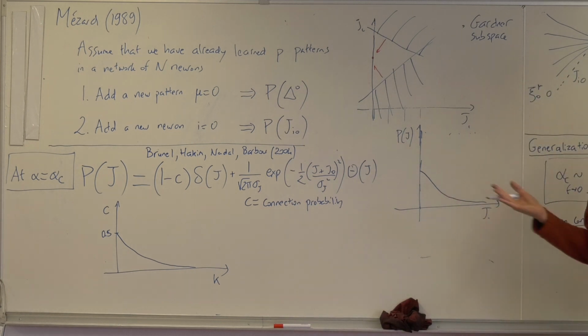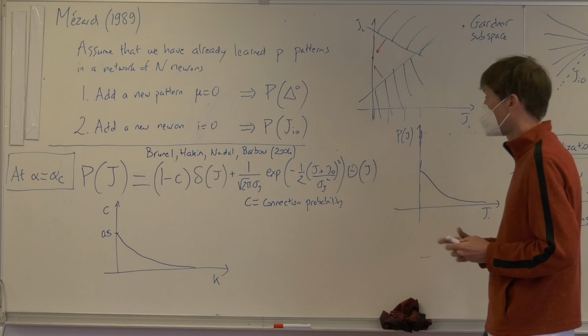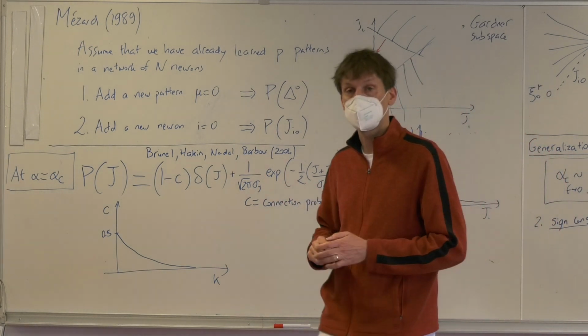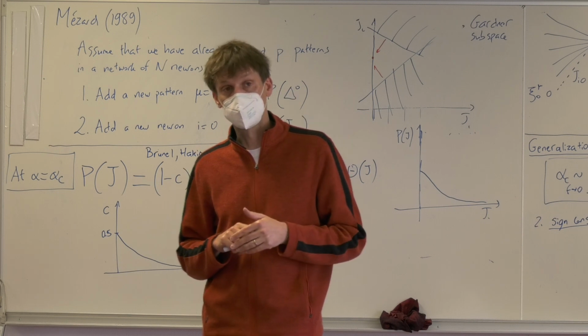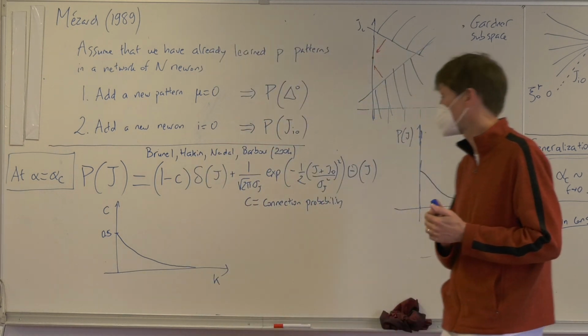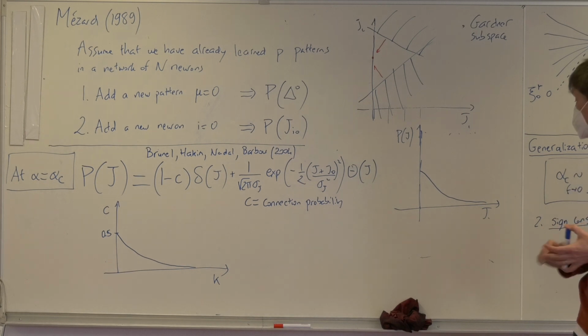The reason we did this calculation was the following. Boris Barbour is an experimentalist who works on the cerebellum, the brain structure involved with motor learning, which I mentioned briefly during the first lecture.